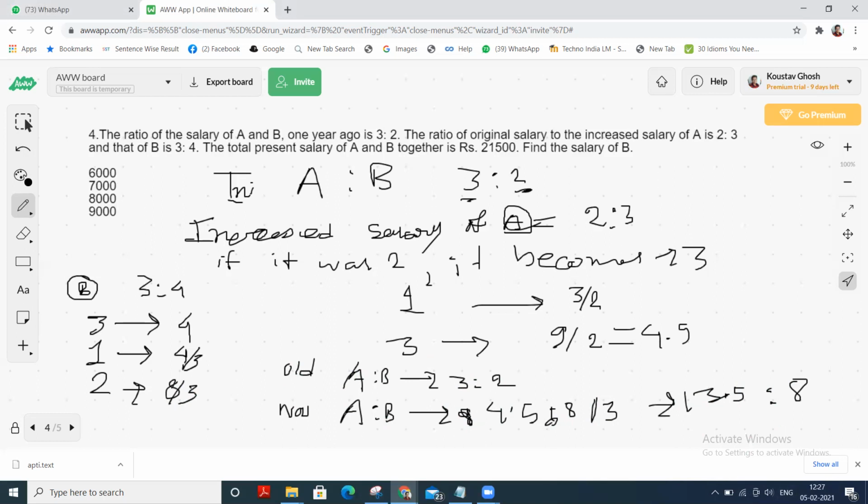Now the salary of B equals to how much? Now I erase this part.